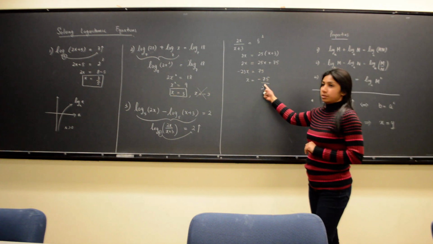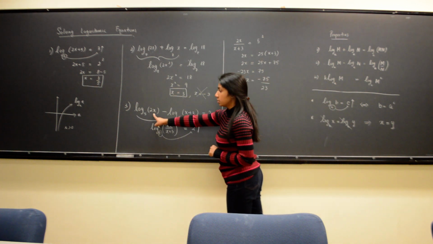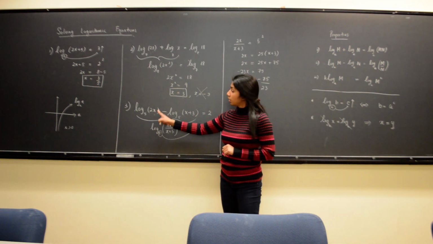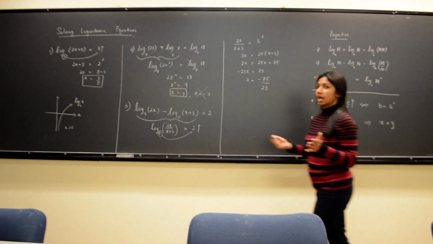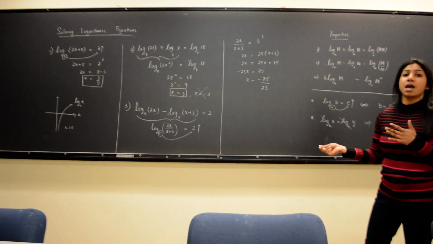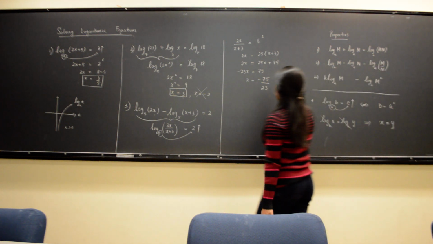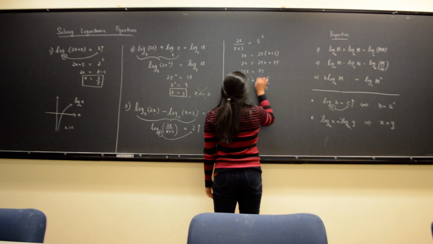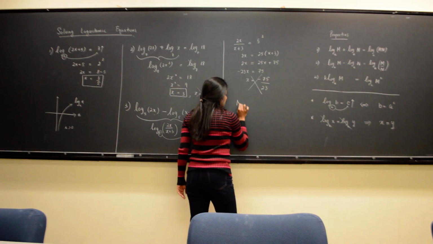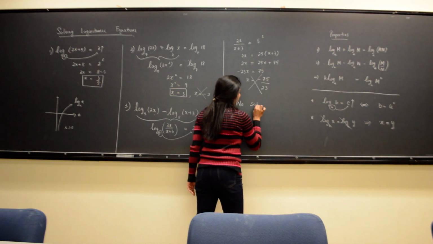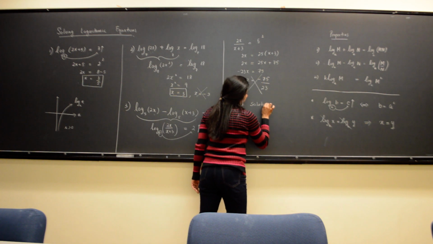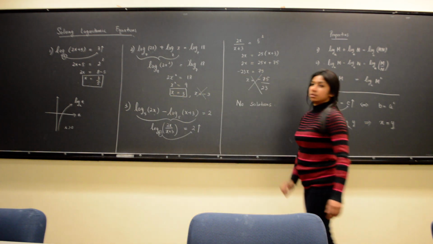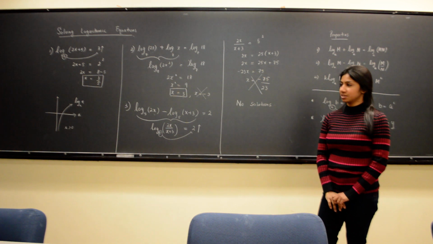What can you say about this answer? If you plug it in here, it will make these log terms negative. So that means this is not an acceptable answer. So this cannot be accepted. So for this equation, we have no solutions.